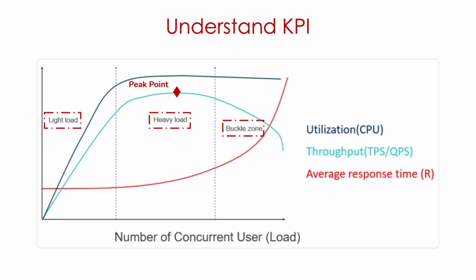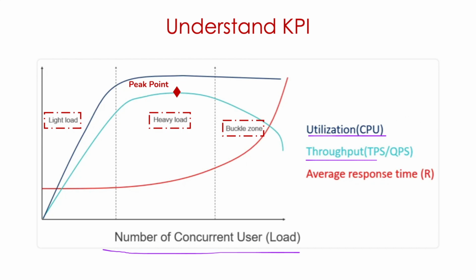Okay, this is a classical performance curve for stress testing. Stress testing is a type of performance testing that checks the upper limit of your system by testing it under extreme loads. The x-axis indicates the number of concurrent users. That's the load to the target system. The utilization of CPU indicates the backend server resource status.